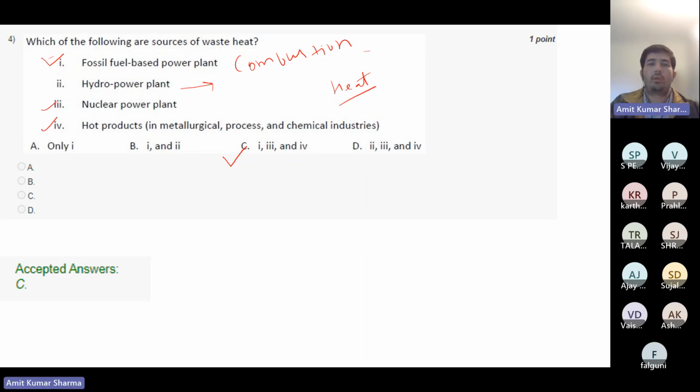It's not about the source, it's about the technology which we are using, because we are converting the energies. So think from that perspective. Maybe either your process or your technology is a reason for waste heat generation.